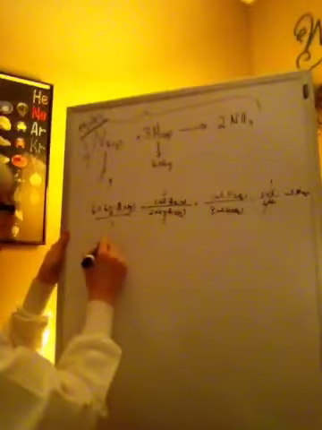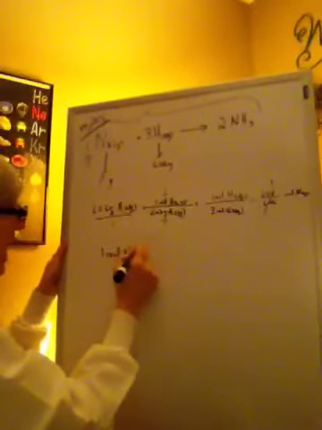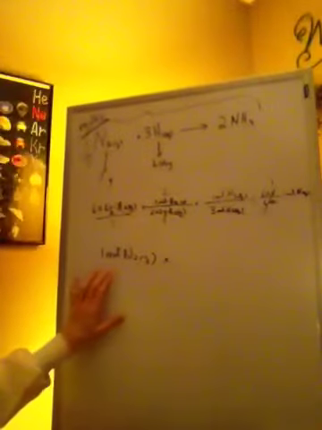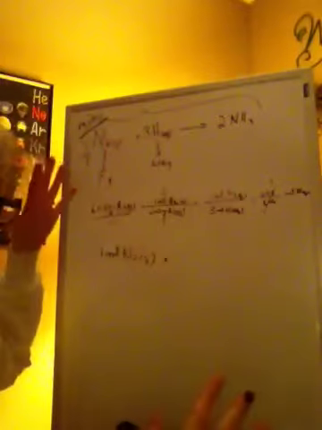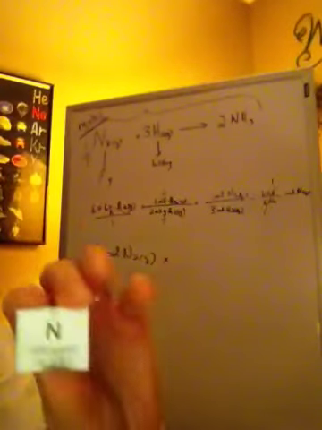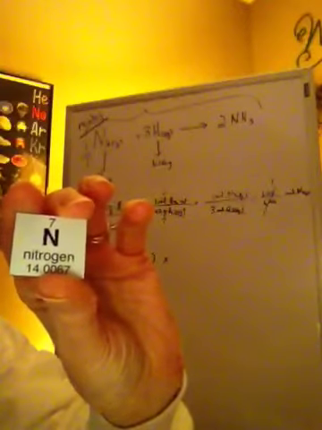Is our answer in the correct unit? The answer to that question is no. So I need to convert. If I'm taking a mole and converting it into grams, the only roundabout way is through the periodic table. So I look on my periodic table and I find that nitrogen is 14.01.